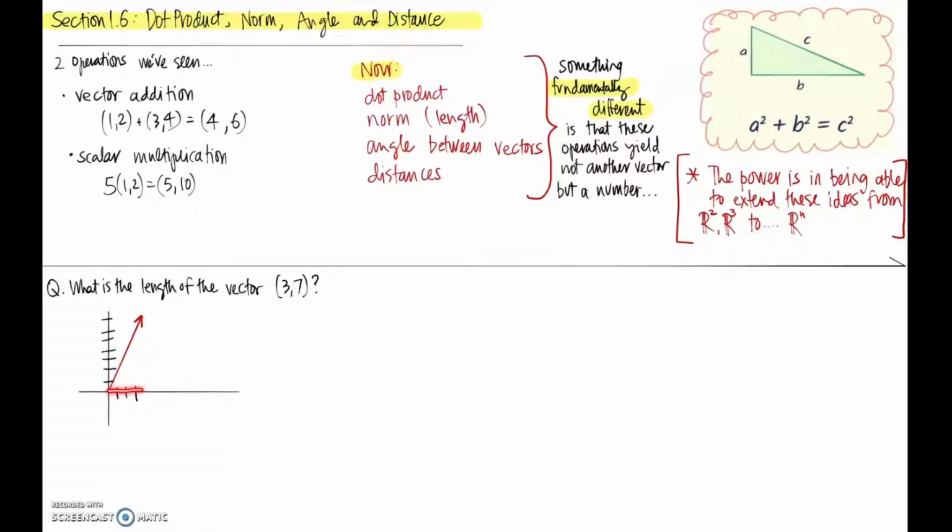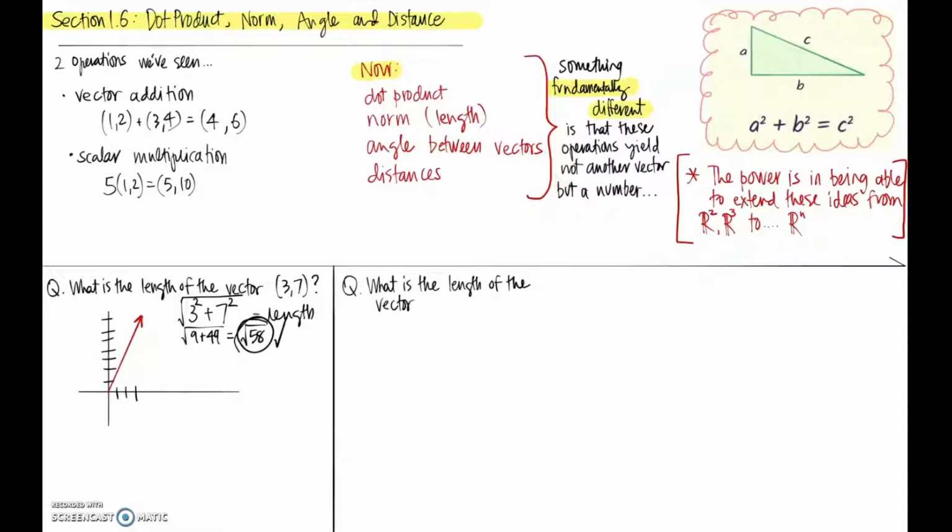This is 3 squared, this is 7 squared. So we've got 3 squared plus 7 squared, and when we take the square root of that, that will give us the length of that vector. So that's the square root of 9 plus 49, which equals the square root of 58. And that's it. This is the length of that vector.